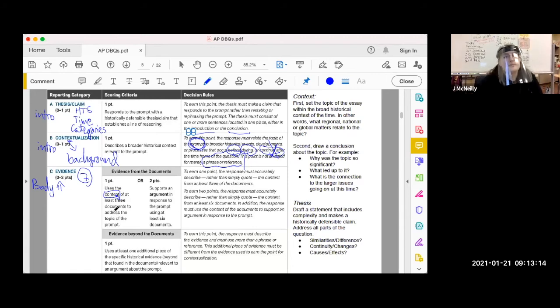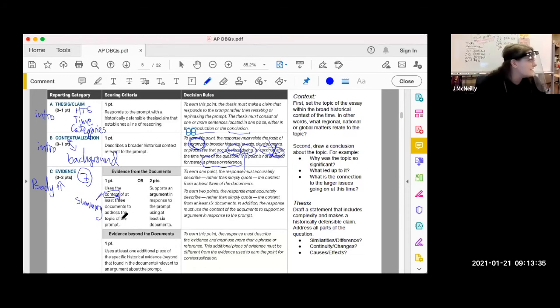But you also get points for simply describing what is the document about. Okay, so the content is just a summary statement. And you get 1 point if you summarize or describe the content of 3 out of the 7 documents.